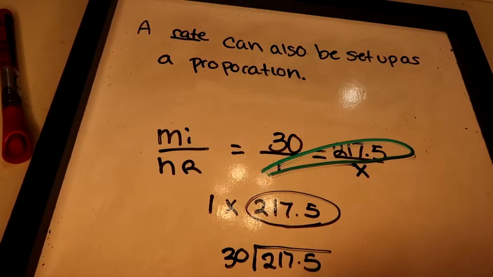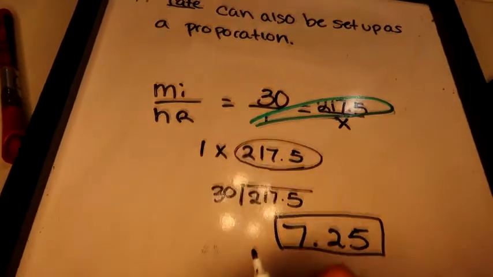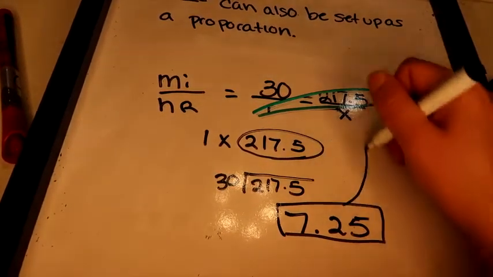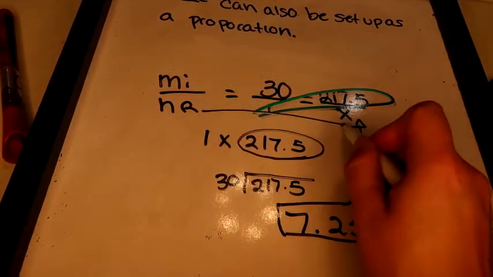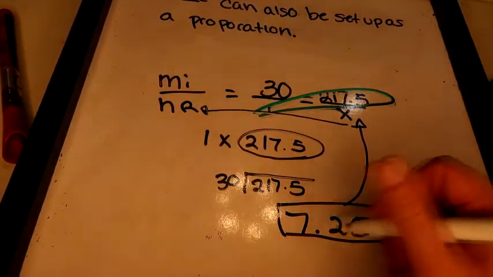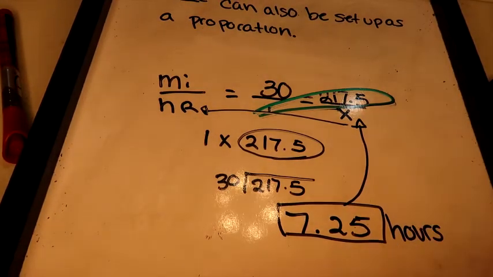That gives me 7.25. 7.25 what? Seven and a quarter hours. Okay, 7.25 hours.